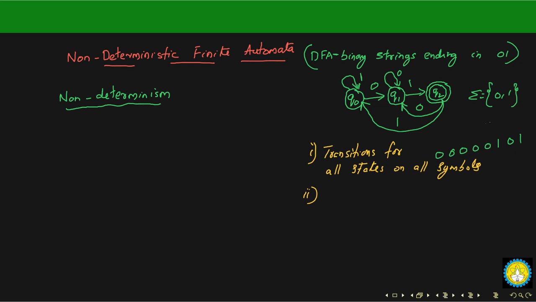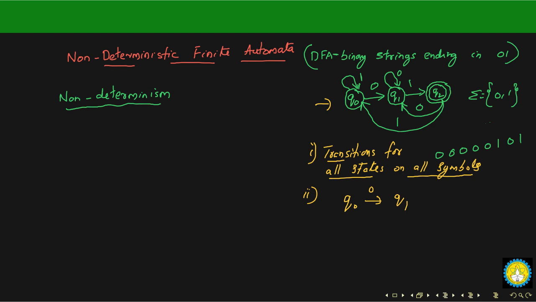So one of the important properties of DFA is that transitions for all the states should be defined for all symbols. Another property is that you cannot have multiple transitions from a state for the same symbol. For example, in this particular DFA, from Q0, if you get a 0, you move to Q1.